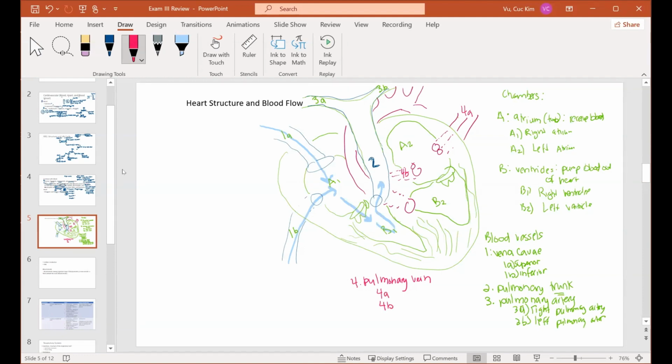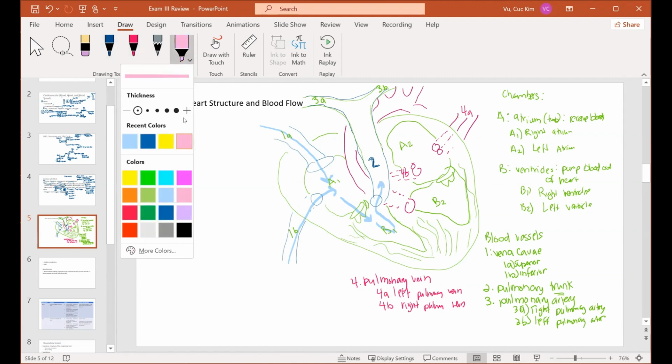So 4A in this instance is going to be what? Yep, Irene said it. It's going to be the left pulmonary vein. 4B is going to be the right pulmonary vein.